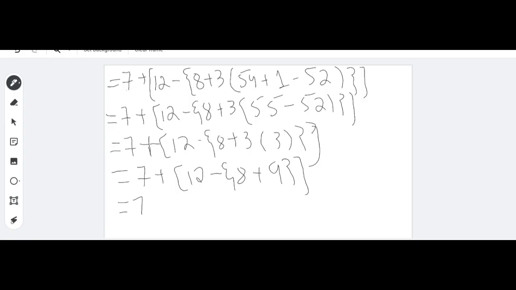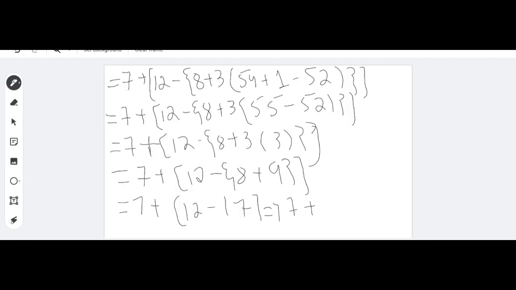Okay, 7 plus 12 minus. Now we have to add 8 plus 9. 8 plus 9 is 17. Now I have to solve this square bracket. Square bracket 12 minus 17. Now what sign will be here?